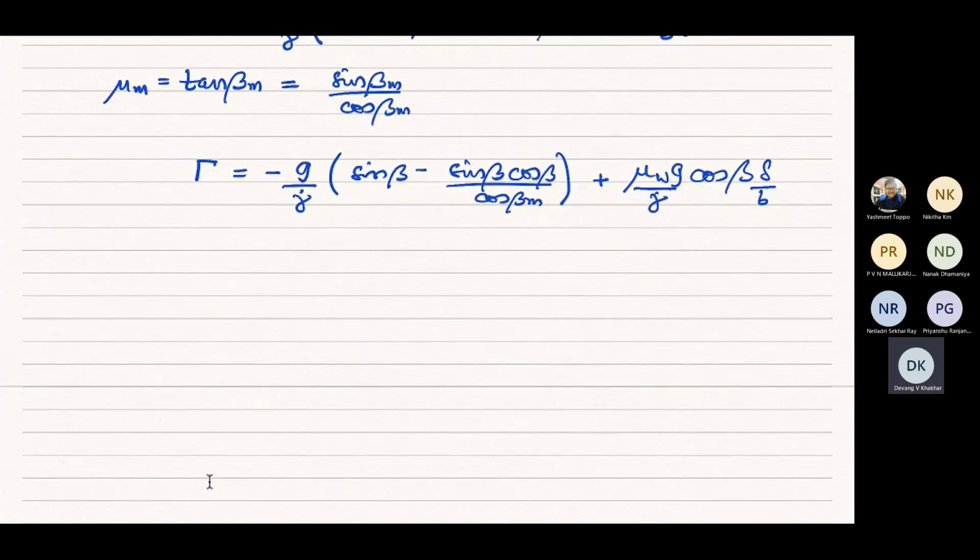Okay. Now if you see this term, I can take cos of beta m common.